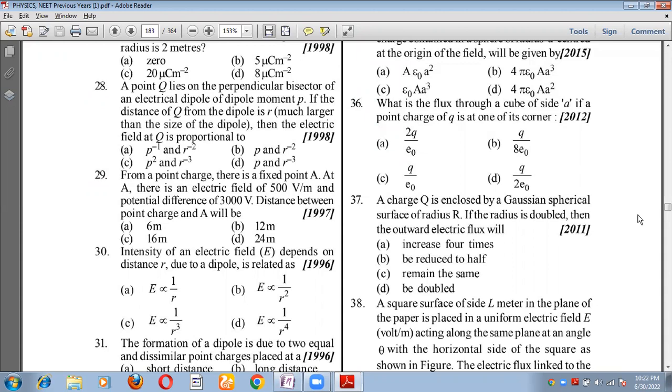The distance between the point charge and A will be.